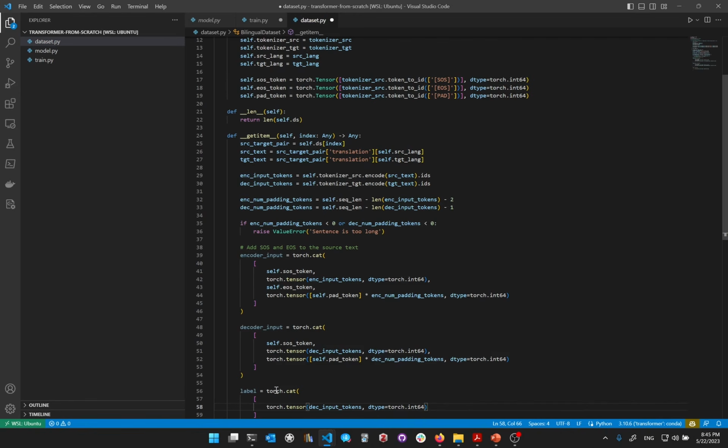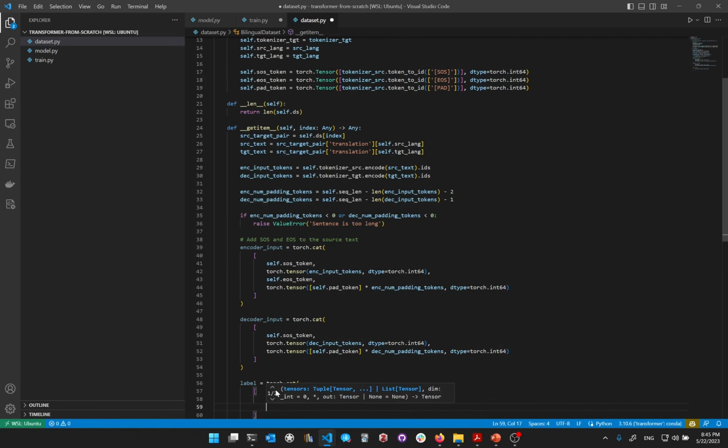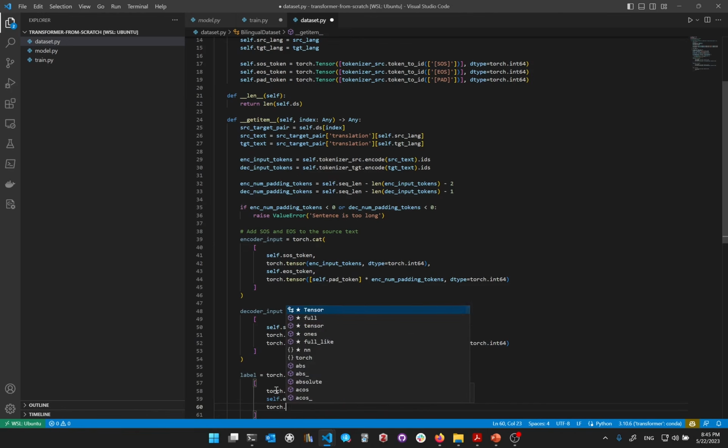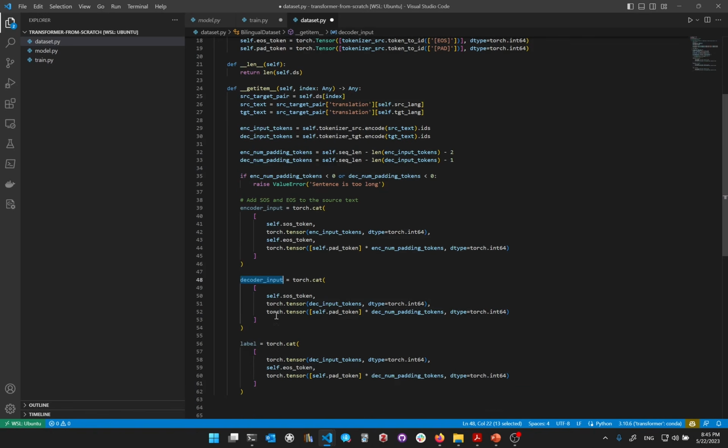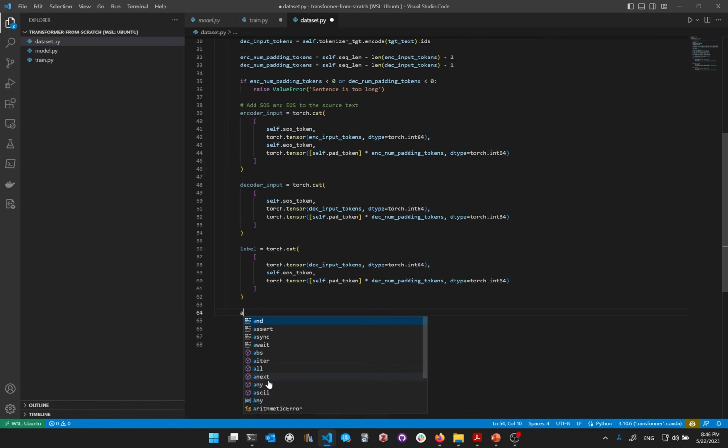In the label we only add the end of sentence token. Let me copy, it's faster. Yeah, because we need the same number of padding tokens as for the decoder input. And just for debugging, let's double check that we actually reach this sequence length.